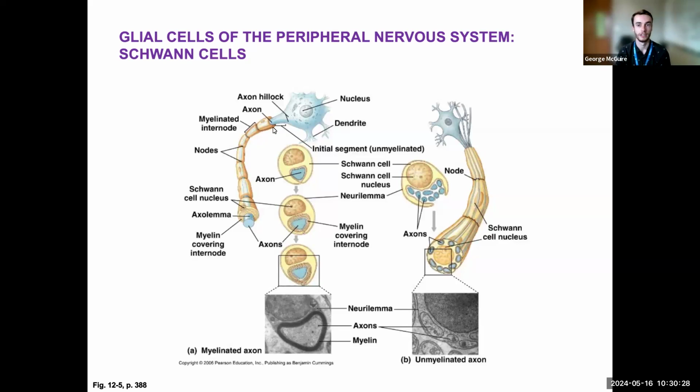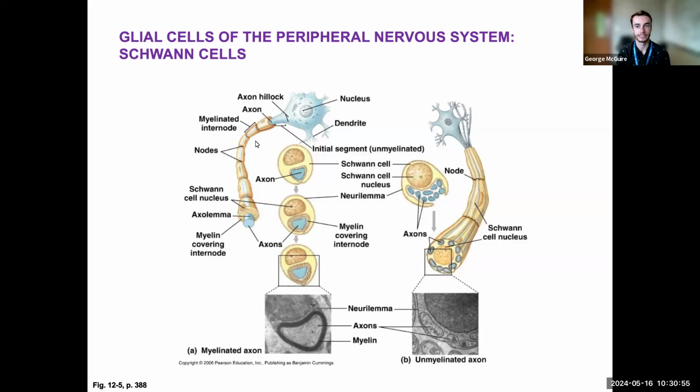These Schwann cells are much more specific in their function, only myelinating one neuron, and they completely wrap their entire cytoplasm, the entire membrane, around that internode. Whereas the oligodendrocyte would have its cell body somewhere in the space around it, and just have extensions of its membrane and cytoplasm covering. Schwann cells completely surround it with their body basically attached.